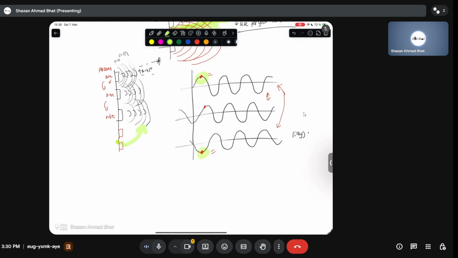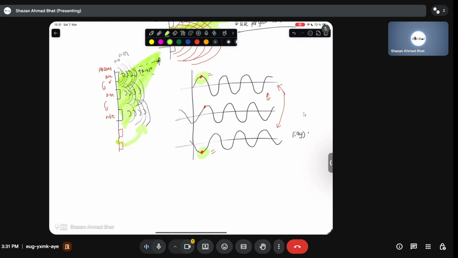So this and this cancels. It's basically canceling in the space itself. So you have cancelled its effect in the free space, but the energy cannot just vanish. The energy has to be directed in different directions. So that particular energy gets directed in this particular direction.